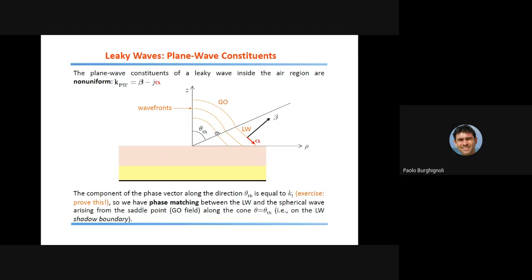Whereas inside the upper region, you don't have the leaky wave, you only have the geometrical optics contribution, which is a spherical wave. So in this picture, you can see circular wavefronts. And those wavefronts match at the shadow boundary, okay? So there is no phase discontinuity.